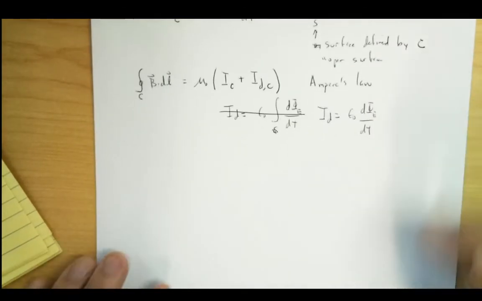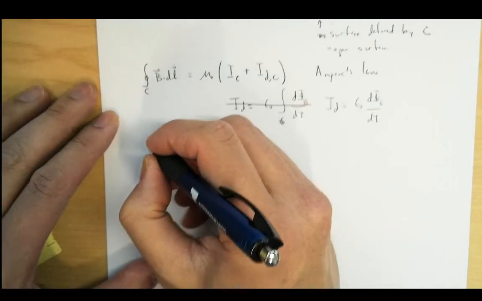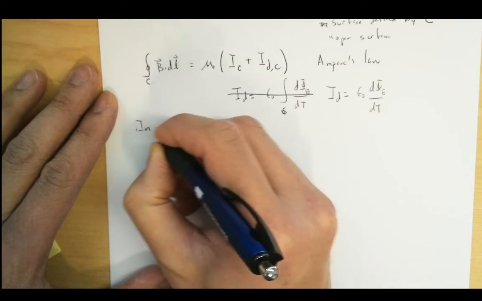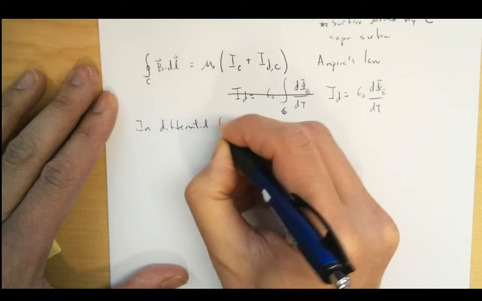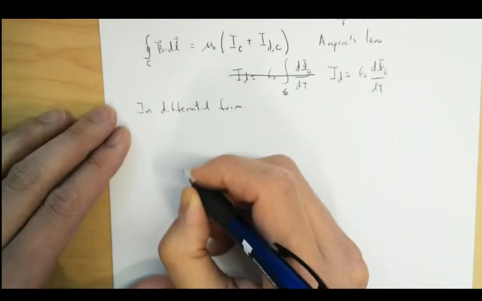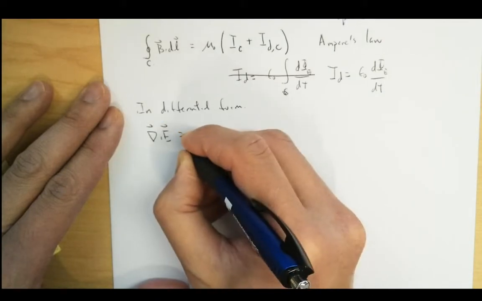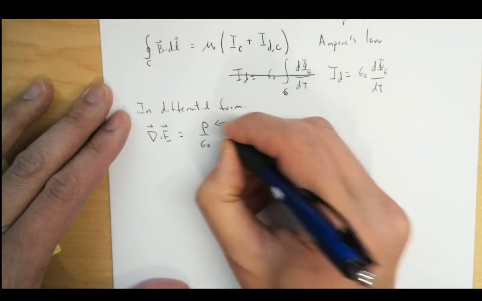Now, there is a more common form. This is in differential form. That's del dot E is equal to rho over epsilon 0, where rho is the charge density.